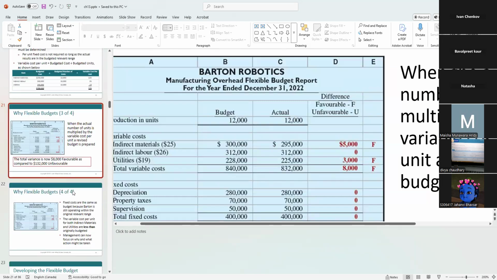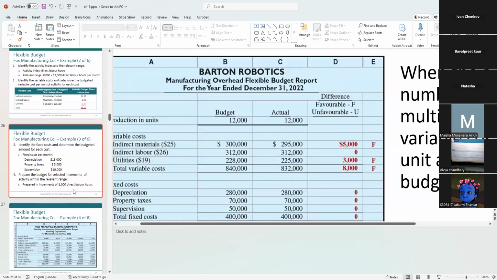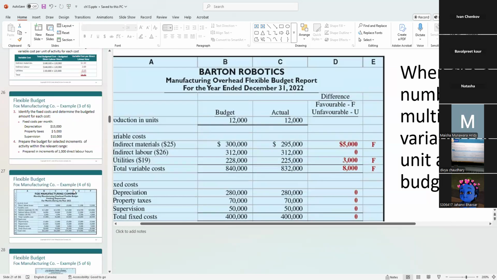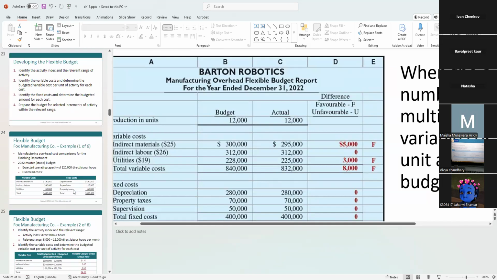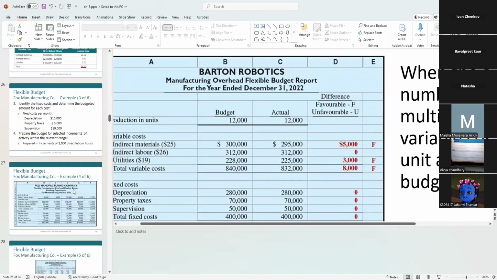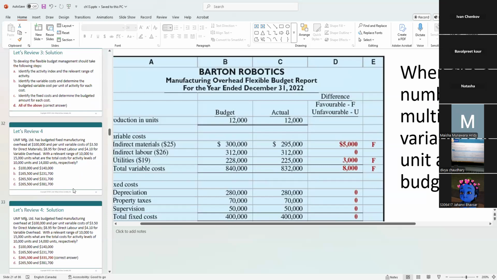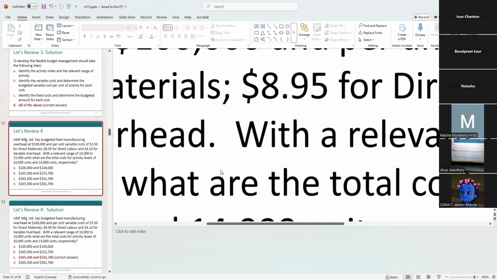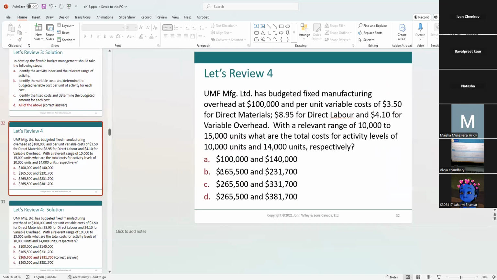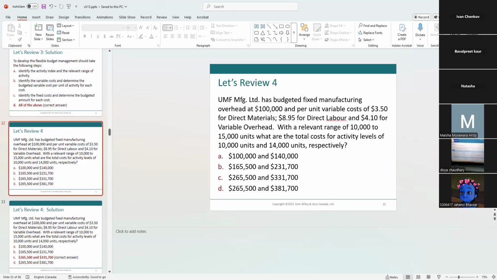Those two slides are going to help you. The other thing that you have to remember is how the costs behave. You have to understand that the total cost is always going to be the sum of fixed cost plus the variable cost.